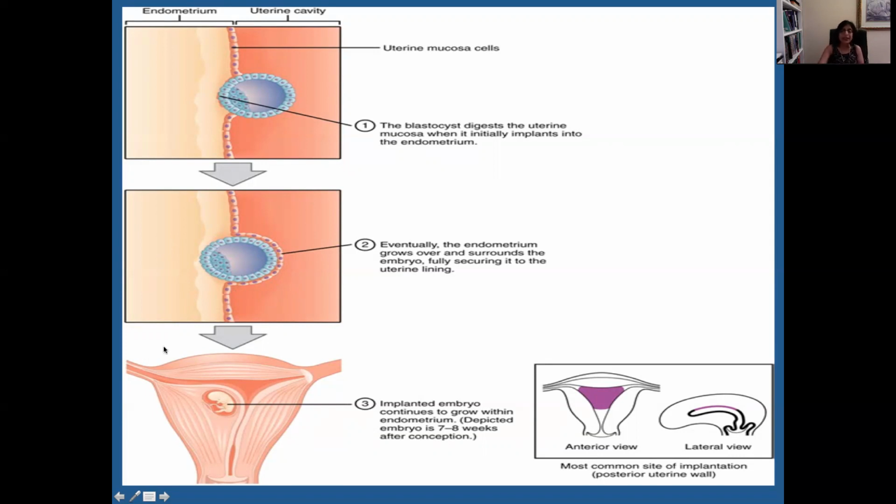All right, so here they show a 7 to 8 week embryo where it's fully inside the endometrial layer, and now placenta will be in place, and then the umbilical cord will be formed, and all of that leads to more changes that we will talk about later.